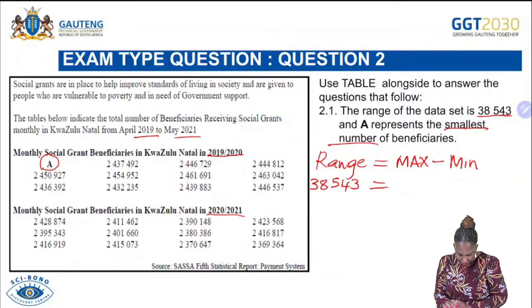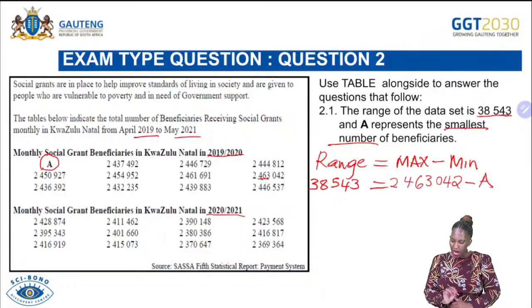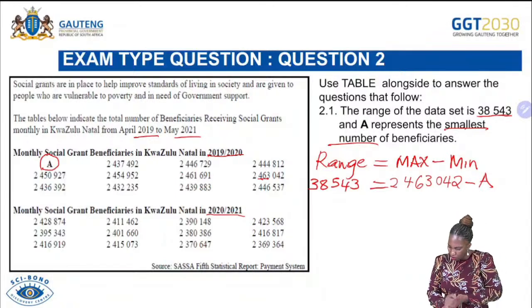So now looking at this information, I can tell that this one is the biggest. 2 million. My maximum number is 2,463,042. We subtract A being our minimum number.